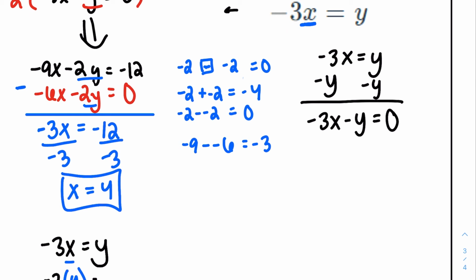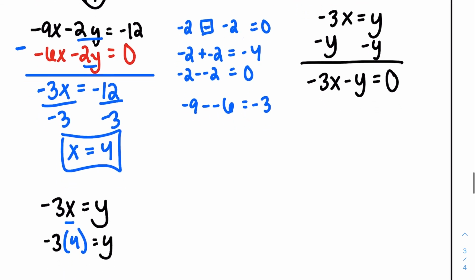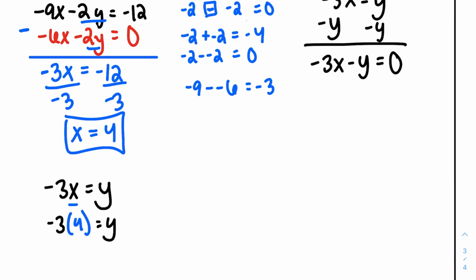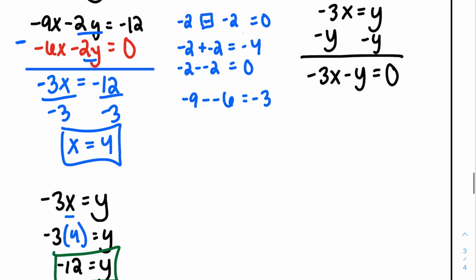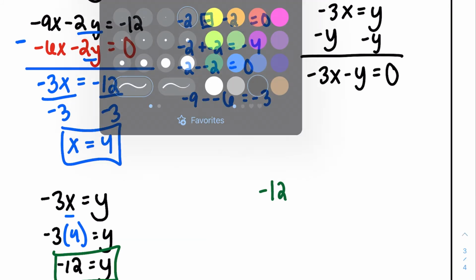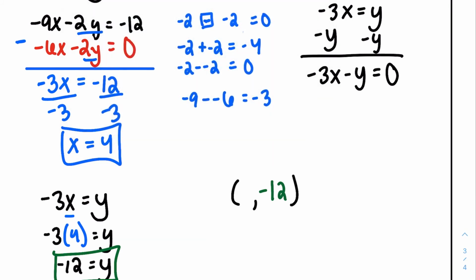So make sure that you rewrite it so we know exactly what we need to do, which in this example is negative 3 times a positive 4, which is negative 12, equals y. So our final answer is we have one solution at 4, negative 12.